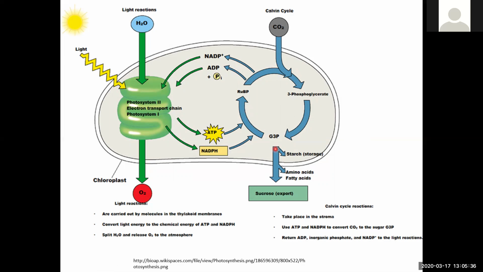And some of these leftovers can also be made into amino acids and fats as well. But for the most part, it is sucrose. The sucrose is made by taking water, splitting it to oxygen, but taking light in photons, and they're transported through. They make some energy that is then used to make these carbons glue together into sugar.